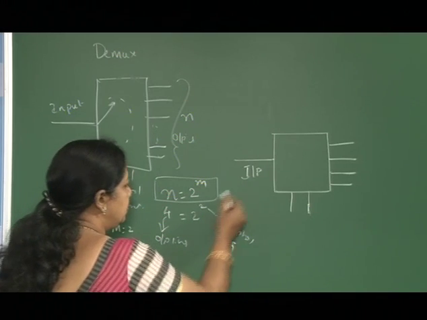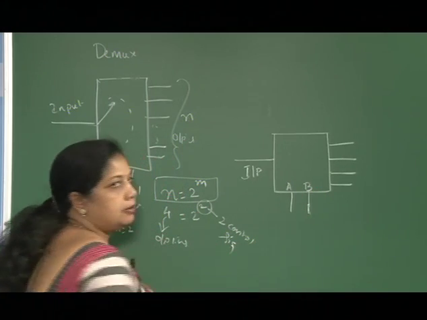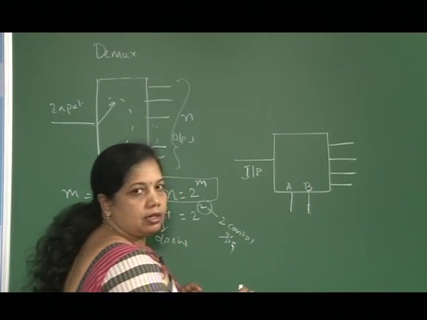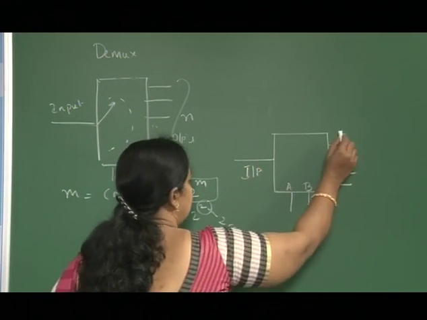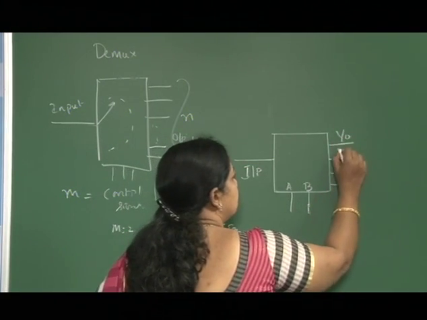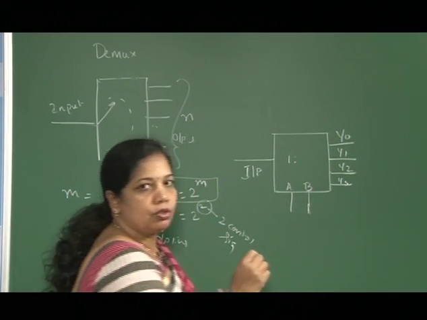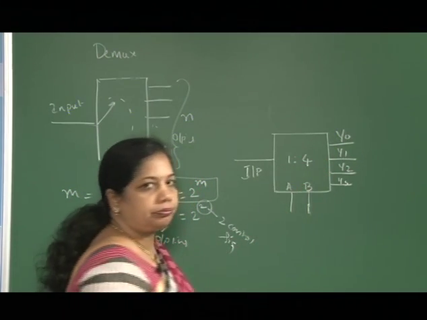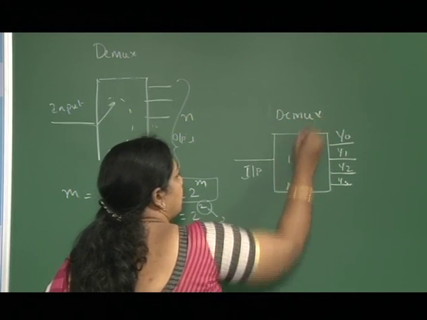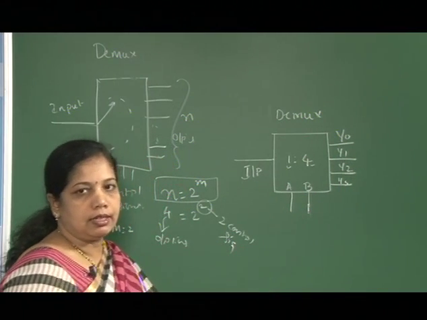Since we have 2 control lines, I will call them A and B, where B represents the LSB and A represents the MSB. This is my input, these are my outputs Y0, Y1, Y2, Y3. So this is called a 1:4 demultiplexer: 1 input, 4 outputs and 2 control lines.